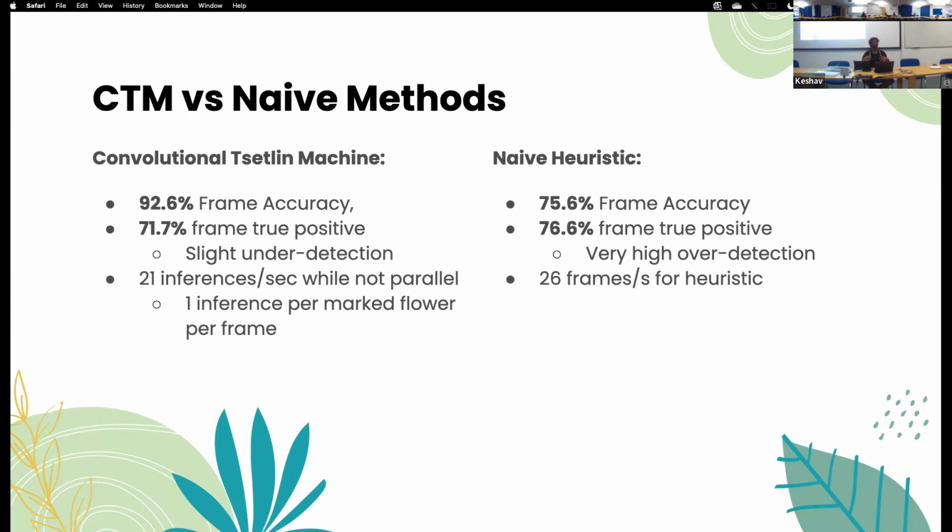Essentially, a very high over detection of pollination events without actually getting a substantial increase in the number of true events that are actually found.